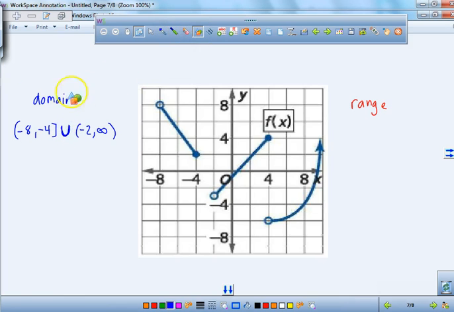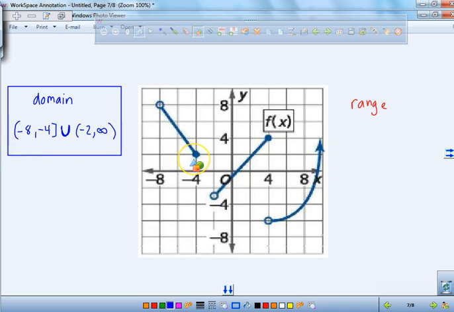So this is my domain in interval notation. It starts at -8, but it doesn't include it. So that's why it's soft. It goes to -4. Then it jumps right over here to -2, but it's not including it. It goes to +4, and it is including it. But then I realize, oh, it continues to go on forever. So that's why I say it has to go to infinity.